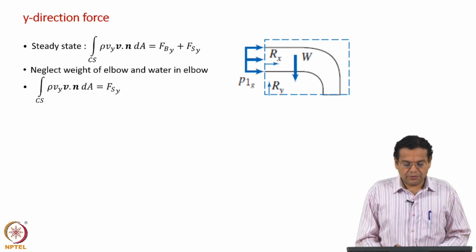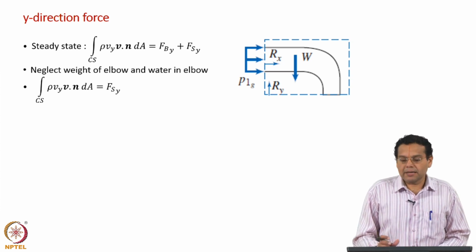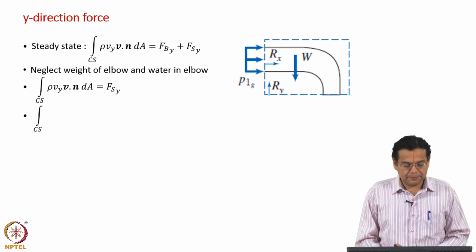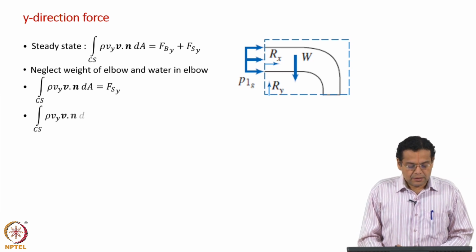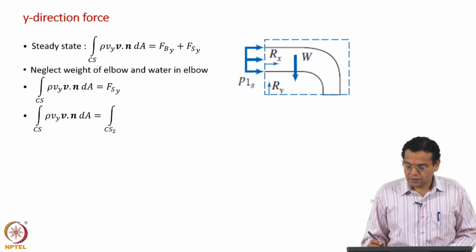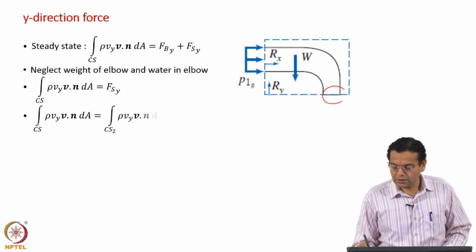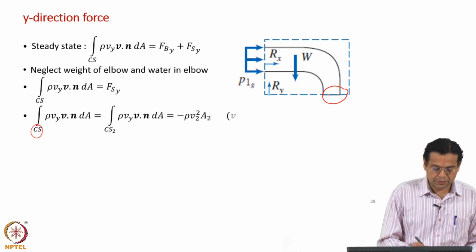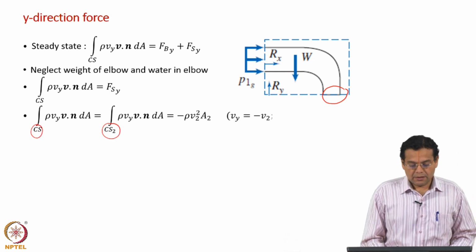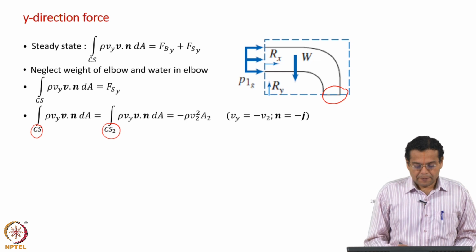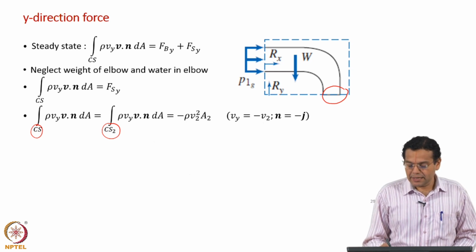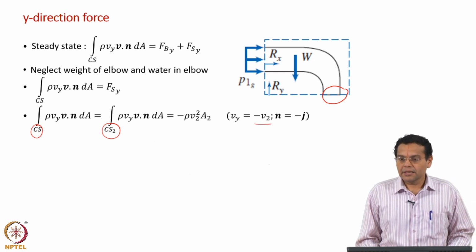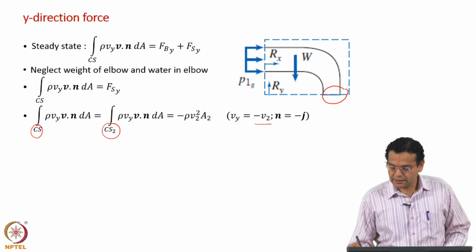and so we have only convective momentum and the surface force on the right hand side. For the convective momentum, flow through the outlet alone, which is along the y direction, contributes. So, I am replacing Cs with Cs2, and Vy is minus V2 because it is along the negative y axis.